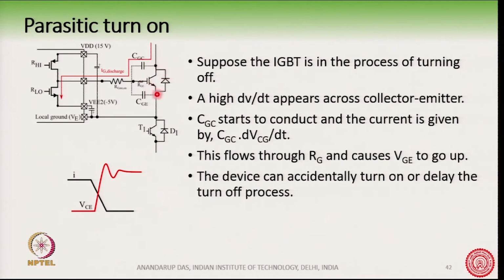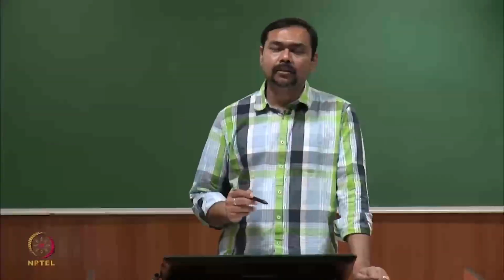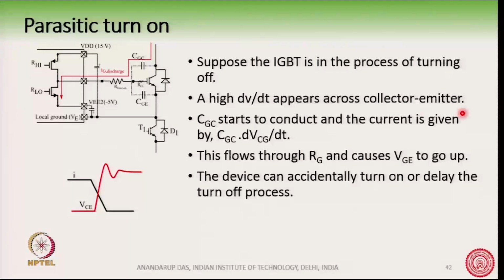Because this is in the process of turning off, this voltage here is going to the blocking voltage, it is rising up to the blocking voltage, and hence a high dV/dt will appear across the collector emitter. And so, this high dV/dt, and there is a capacitance here, this high dV/dt on this terminal along with this capacitor will cause a current to flow.